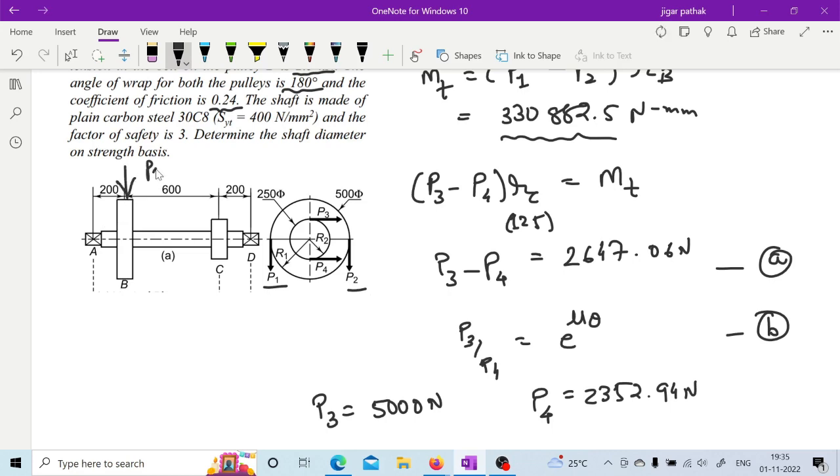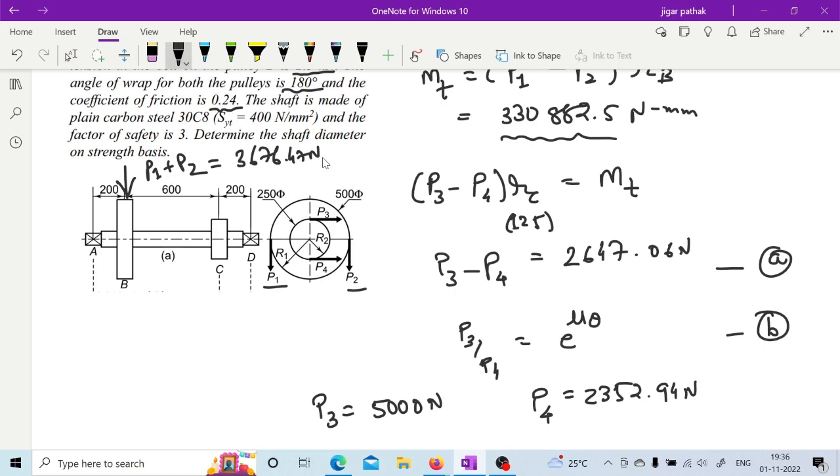So this is P1 plus P2 at pulley B. Now what is P1 plus P2? 3676.47 Newton, I guess. Yes.